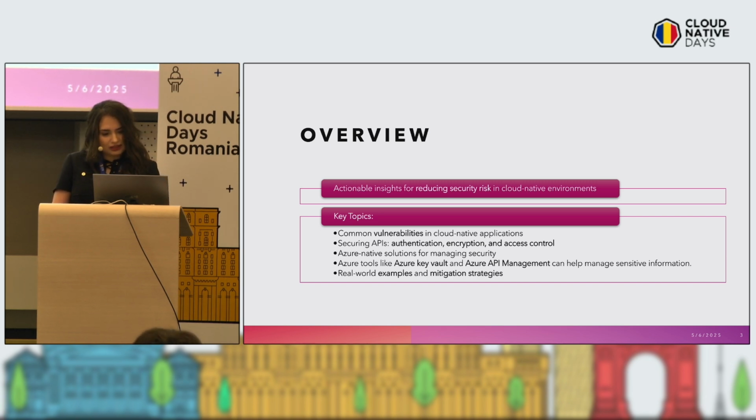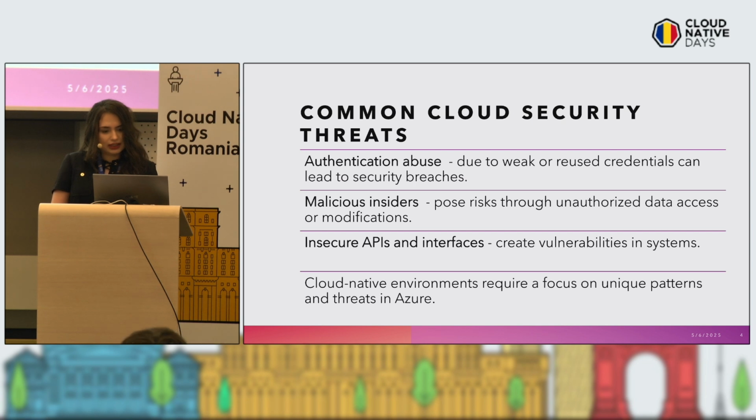All right. The next part, we will explore common cloud security threats. The first one, authentication abuse, is one of the most common root causes for data breaches. This is due to weak or reused credentials.